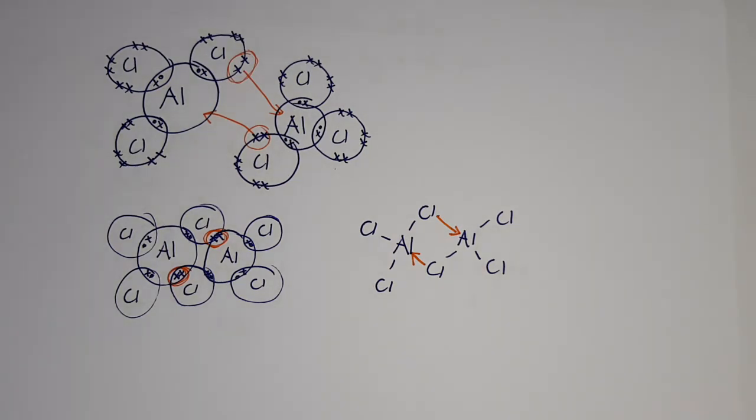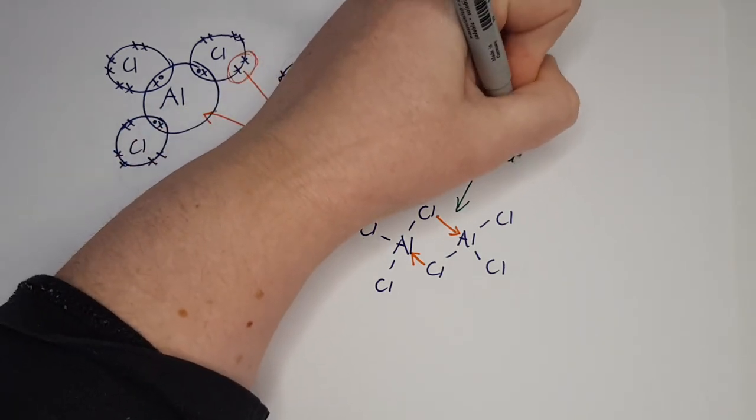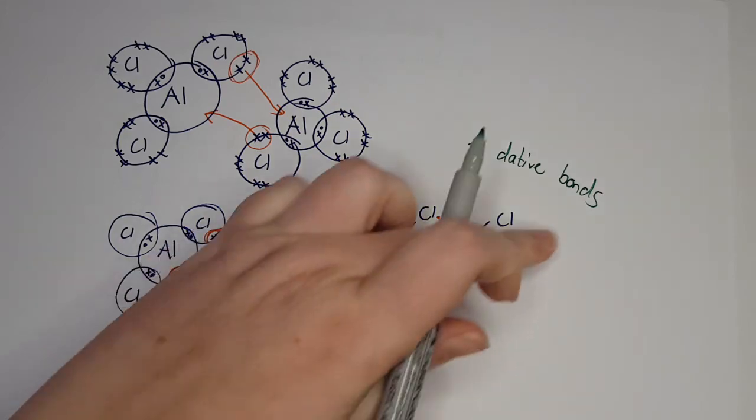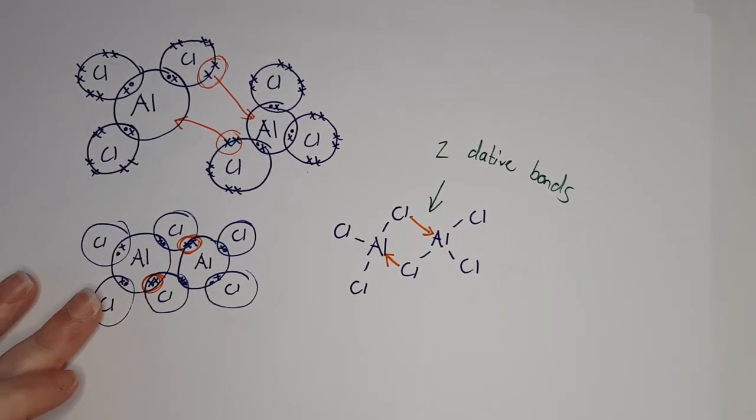So those over there are my 2 dative bonds. So that's how we would represent that molecule with 2 different bonds that are being shared.